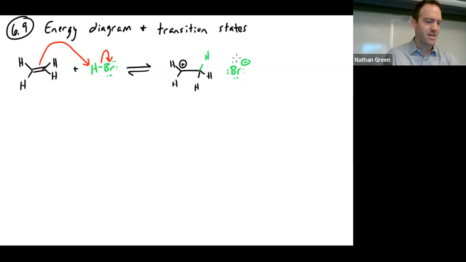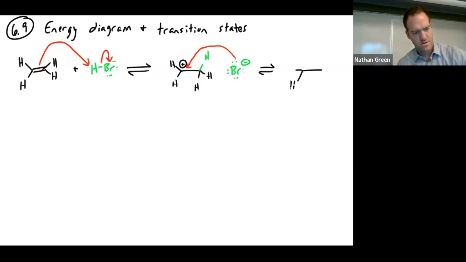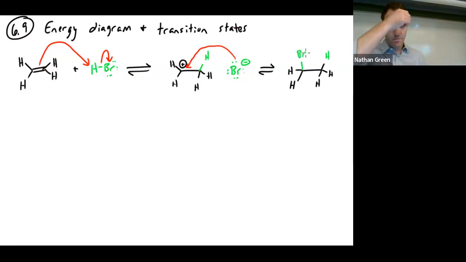The Br minus then is going to attack the positive charge. That arrow is too far away. And then it's going to leave us with our final product.